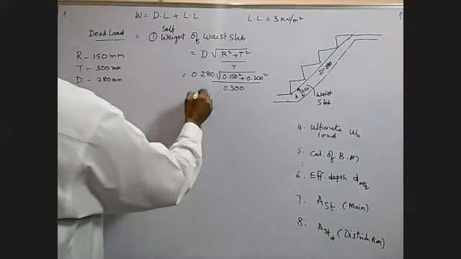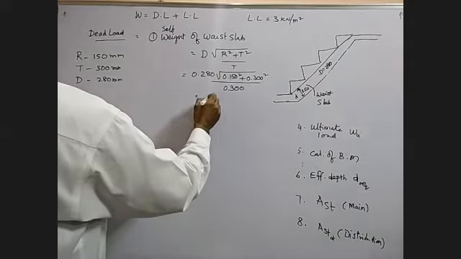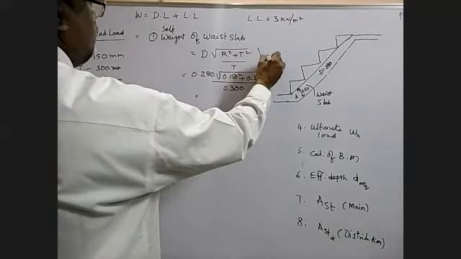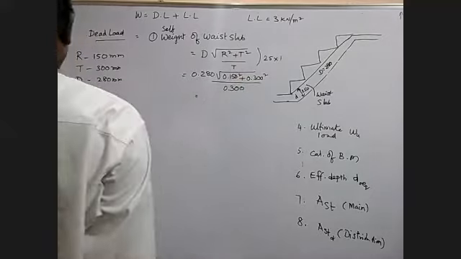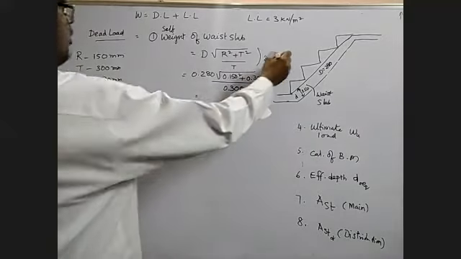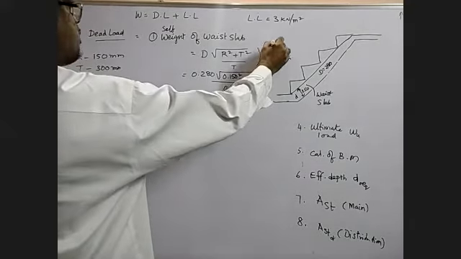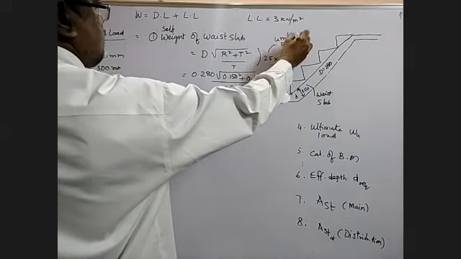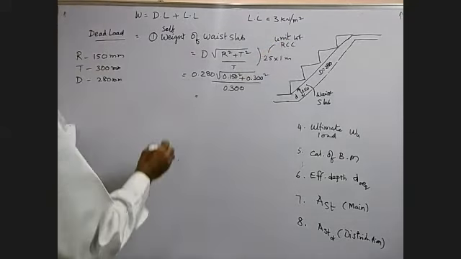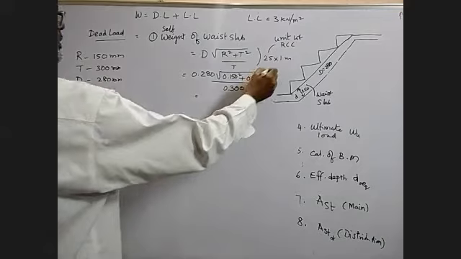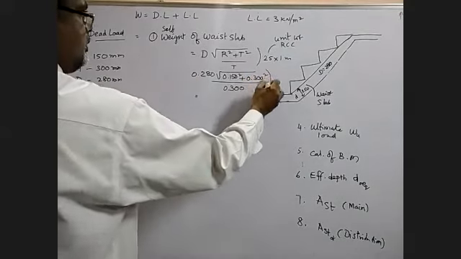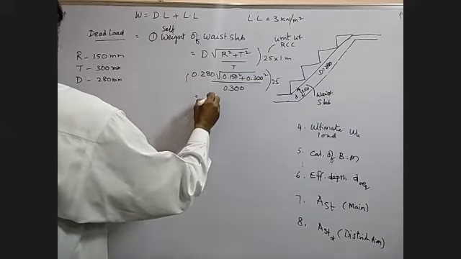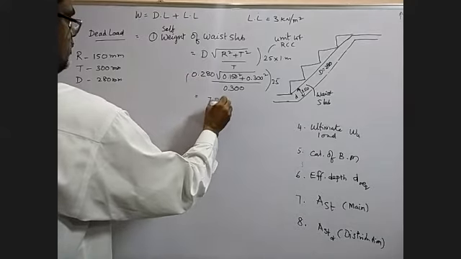Into 25 into 1 meter. 25 is the unit weight of RCC. So into 25, you'll get the weight as 7.83 kilonewton per meter.